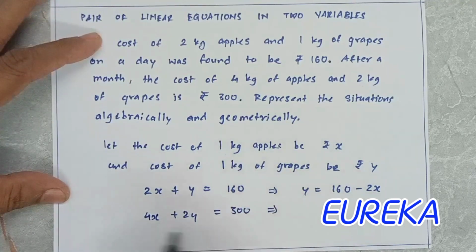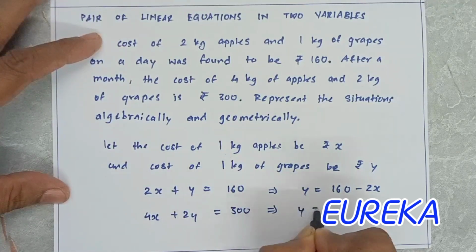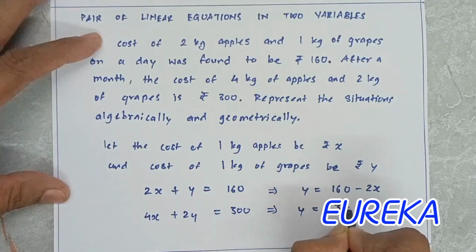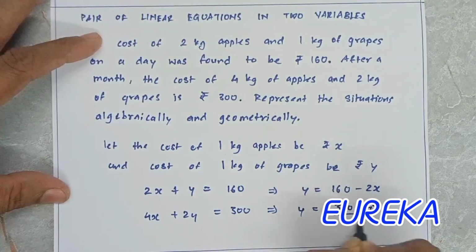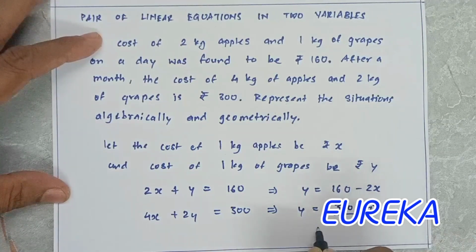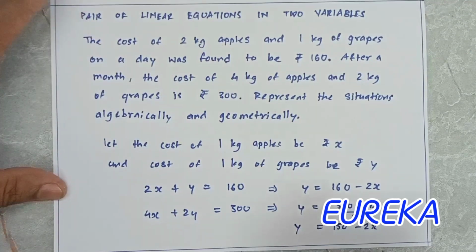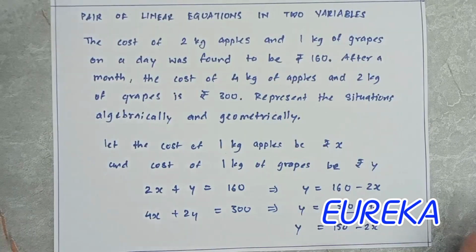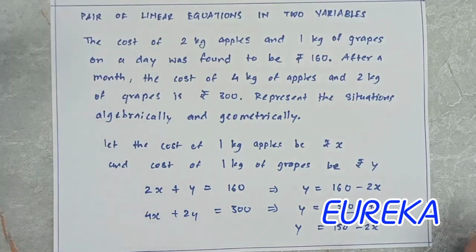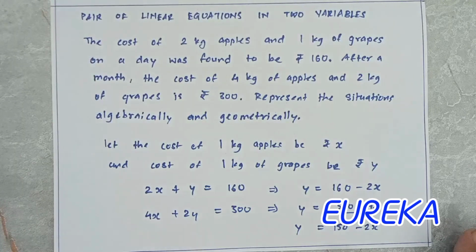If I write this in the form of y, I get y equals 300 minus 4x whole upon 2, or I can say y equals 150 minus 2x. Now we have represented it algebraically. Now we'll try to find the solutions graphically.